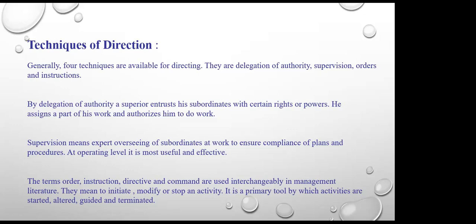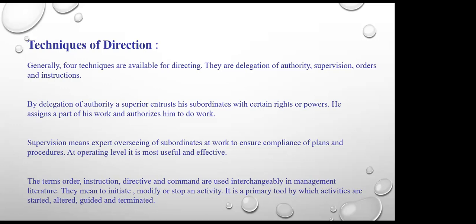Supervision, which means experts overseeing the subordinates. Some experts will be there. They will be looking after the subordinates' activity. For example, in a line manufacturing, a line supervisor will be there. He used to check how the people are performing and whether it is as per the requirement or not.